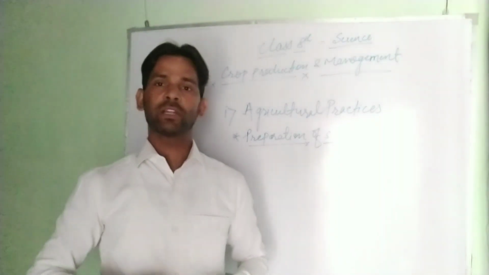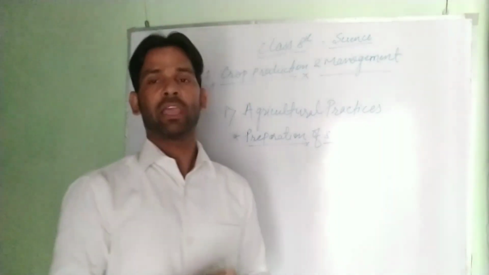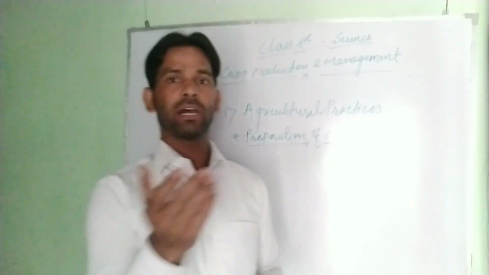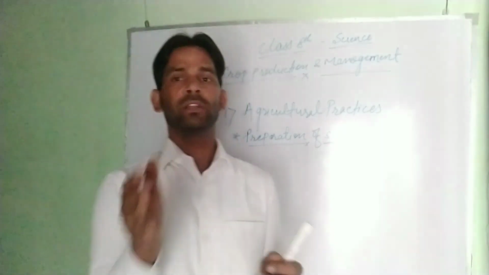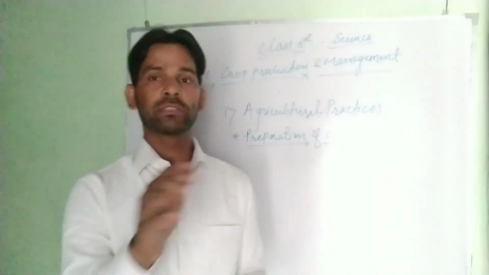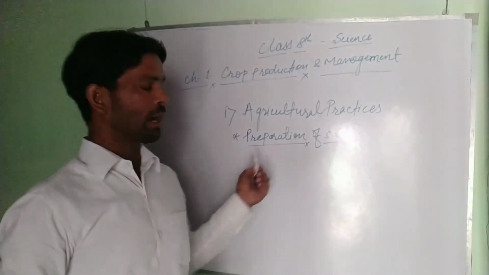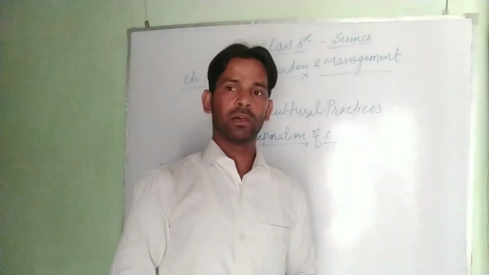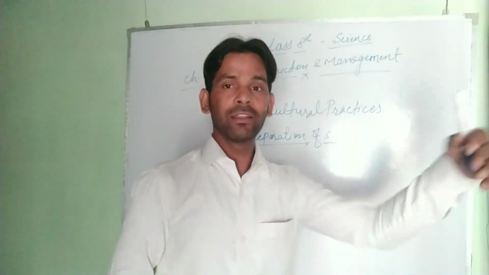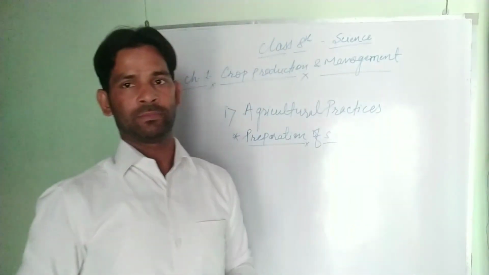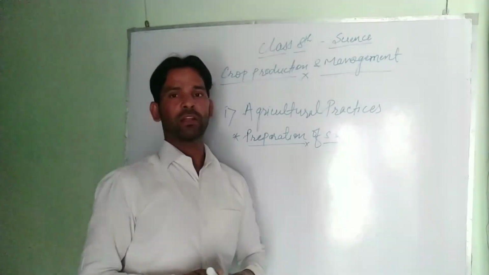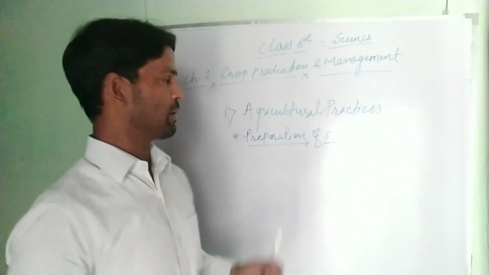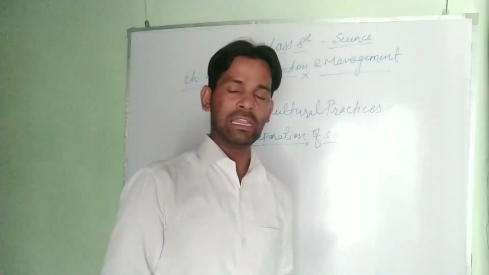Different climates are found in our surroundings in different seasons or regions. Regarding that, the soil can be prepared accordingly. So in our surroundings, the soil can be prepared by means of tilling.